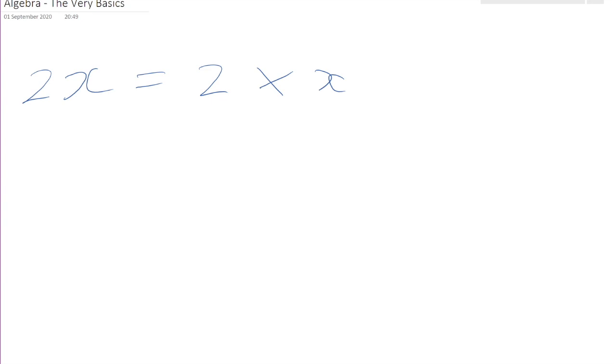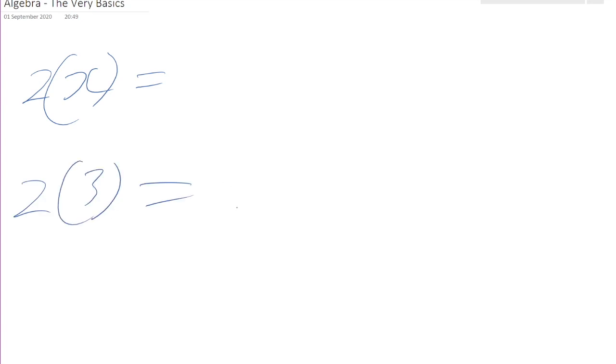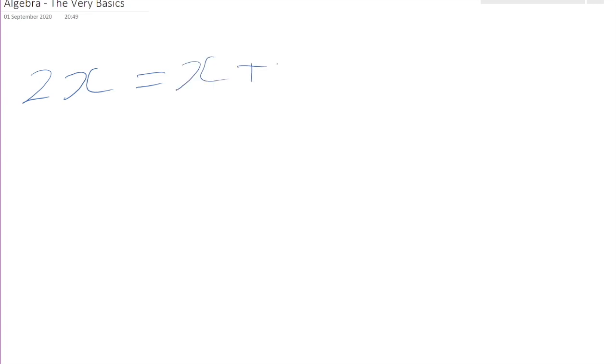If you really want to think about it properly, you could consider having brackets around the x in the same way that 2 brackets 3 does equal 2 times 3. Obviously, it's worth noting 2x is the same as x plus x. Similarly, 3x is the same as x plus x plus x, or 3 times x.